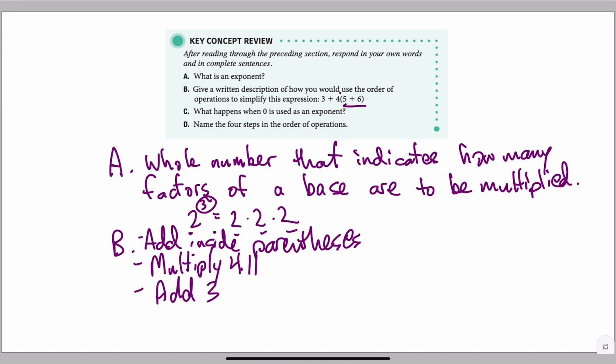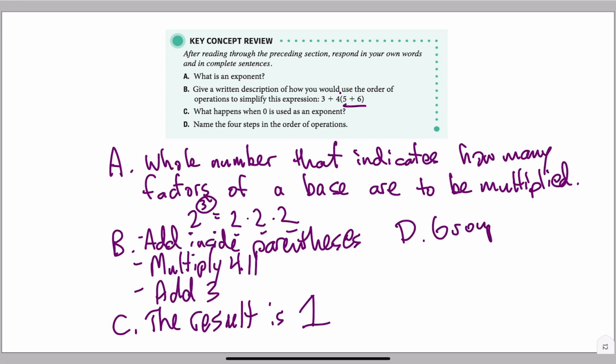All right, part C. What happens when you use 0 as an exponent? The result is 1. All right, and D. Name the 4 steps in the order of operations. So do what's inside the grouping symbols. That's step number 1.